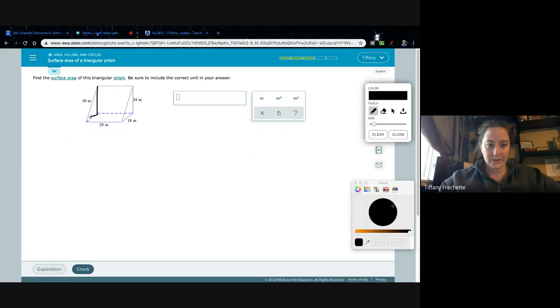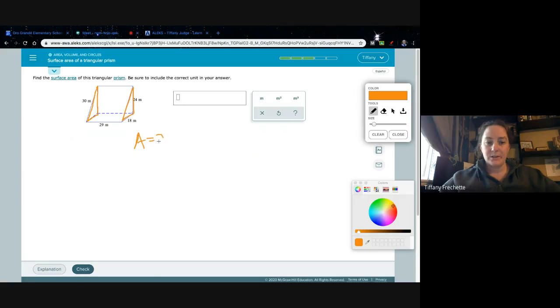Let's go ahead and do our triangles first here. Oops, I forgot to change my color. Triangles first. Okay, so we have area equals, again, we're not going to do the 1/2 because we have 2 of the same triangle. So it's a little redundant to divide by 2 and then multiply by 2.